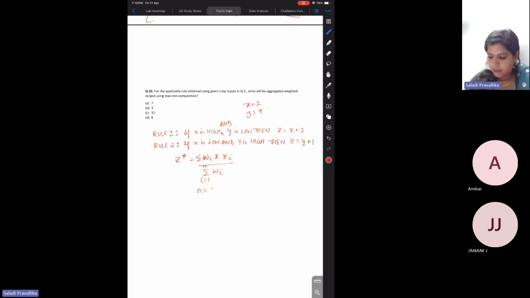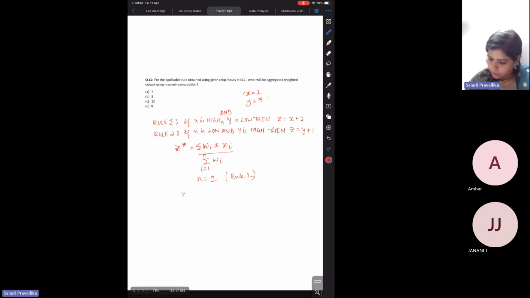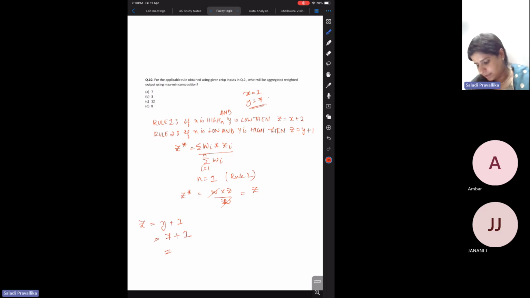So here our n value is equal to 1 and only rule 2 is applicable, right? So our Z star is nothing but W into Z divided by W. W cancels out and it is equal to Z. So for rule 2, the Z value is equal to Y plus 1 and we have Y equal to 7, and hence it is 7 plus 1, which is equal to 8, right? And hence our value is 8.